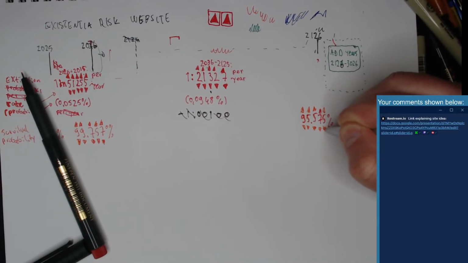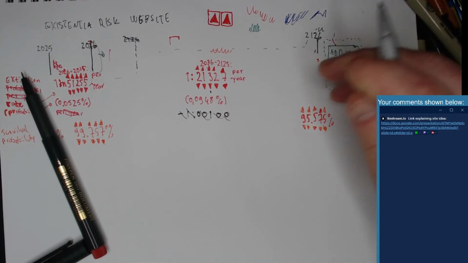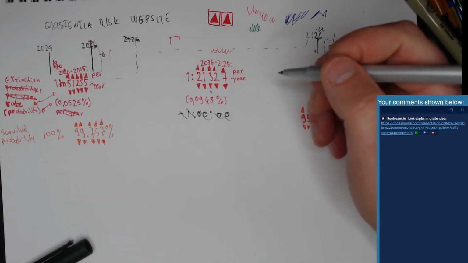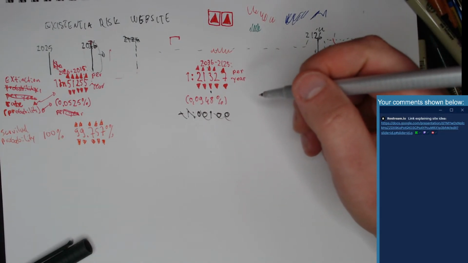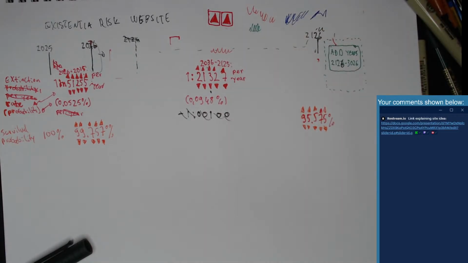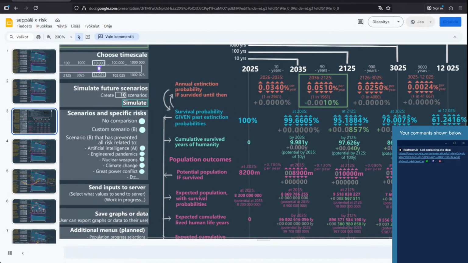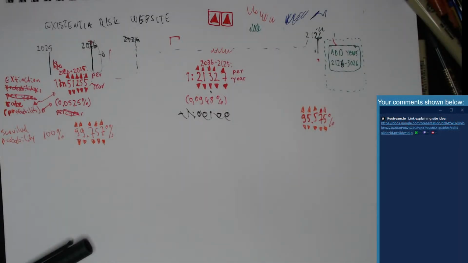Yeah, I could also have some arrows a little bit more, like I have here on the left side, trying to indicate what the connections are between different things.